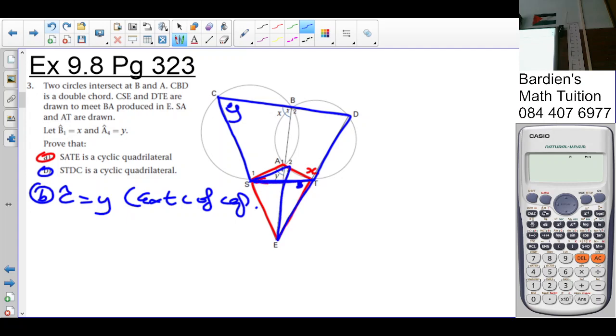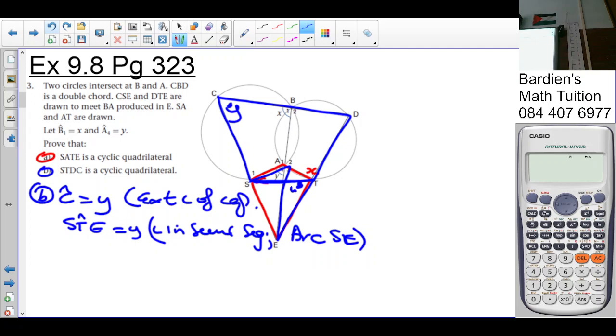So we say STE is equal to Y, angle in same segment, and it's coming from arc SE. You don't have to write it off, no? So there's your Y. So now we've done the job.